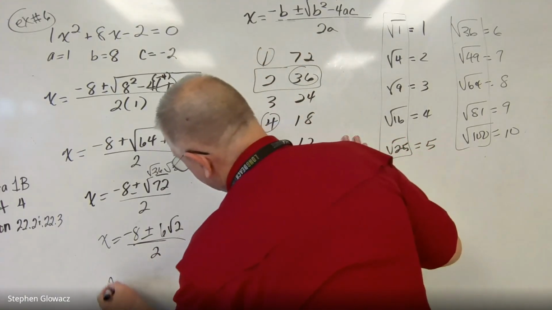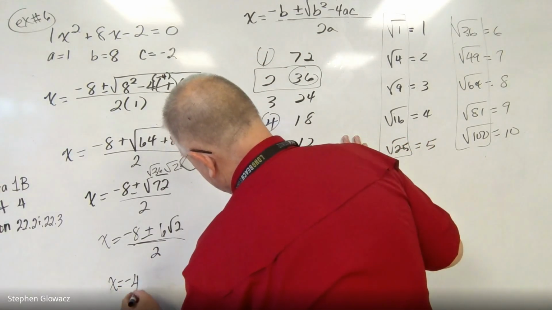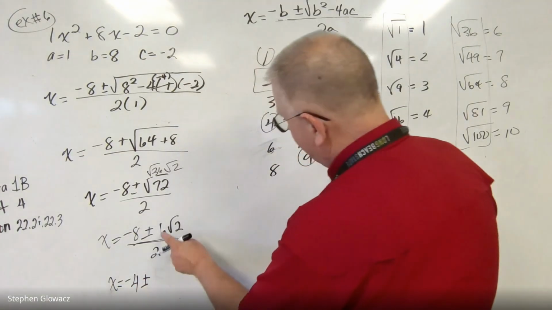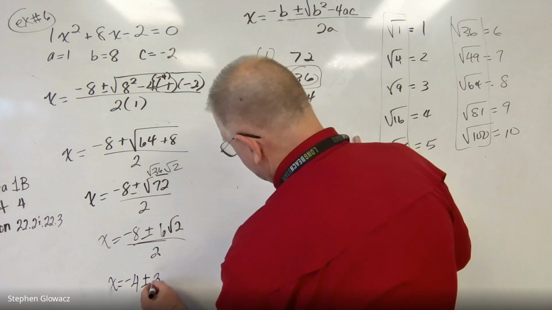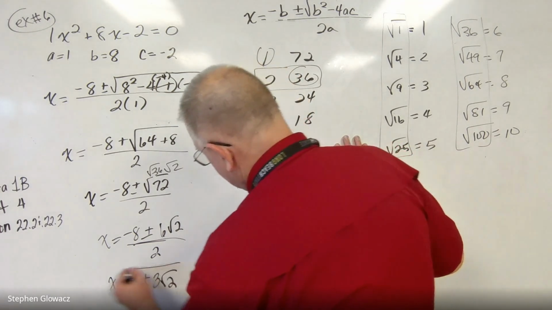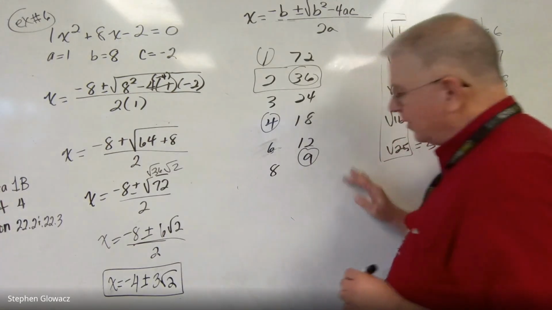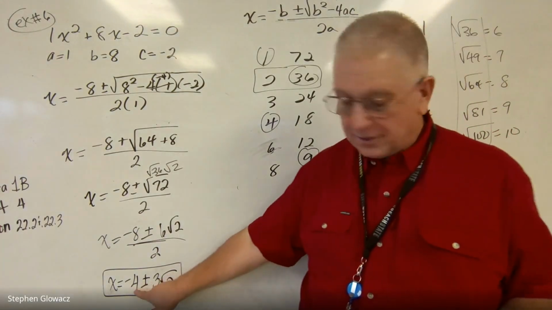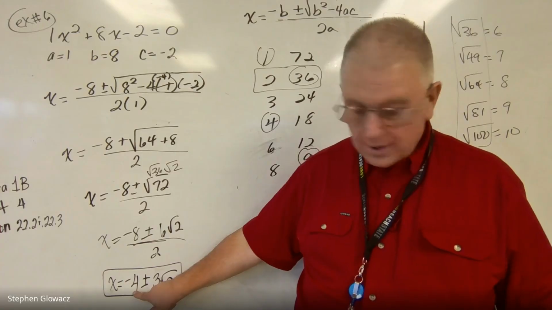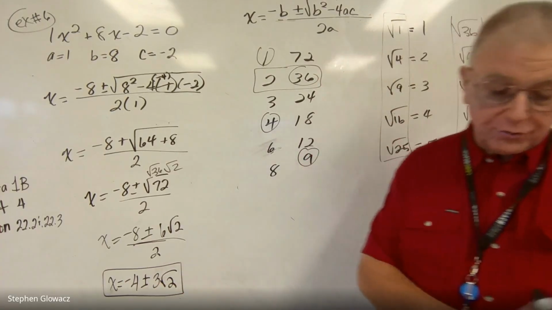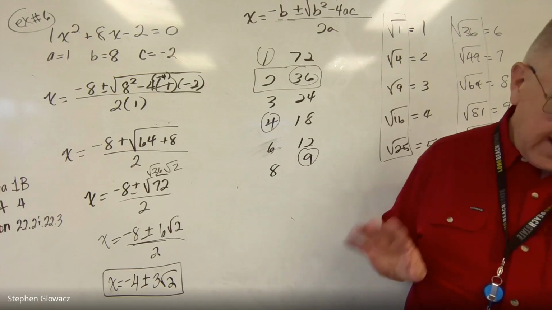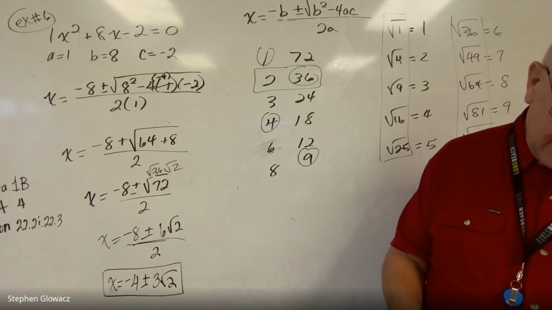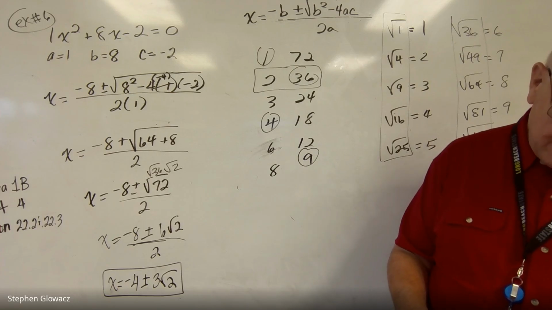Negative 8 divided by 2 is negative 4, and here, 6 divided by 2 is 3. And so our final answer, at the very bottom of the board, is x equals negative 4 plus or minus 3 radical 2. All right, so that takes care of that example.